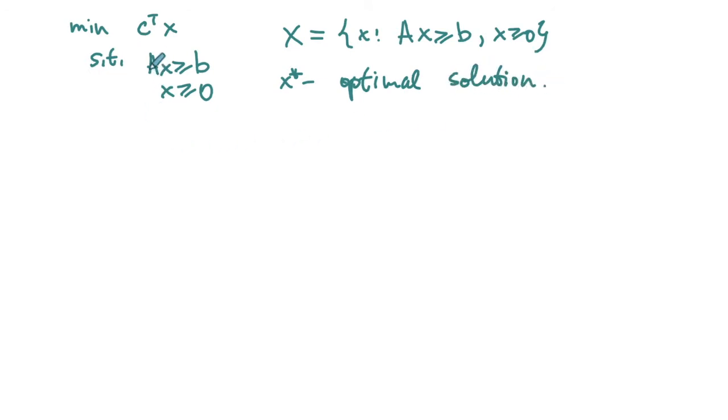So our feasible region is defined by what we call the defining hyperplanes that come from these inequality constraints as well as non-negativity. In particular, an inequality from this part of the system is given by a_i transposed x is greater than or equal to b_i, where a_i transposed is the ith row of the matrix A, and b_i is the ith entry of the vector b.